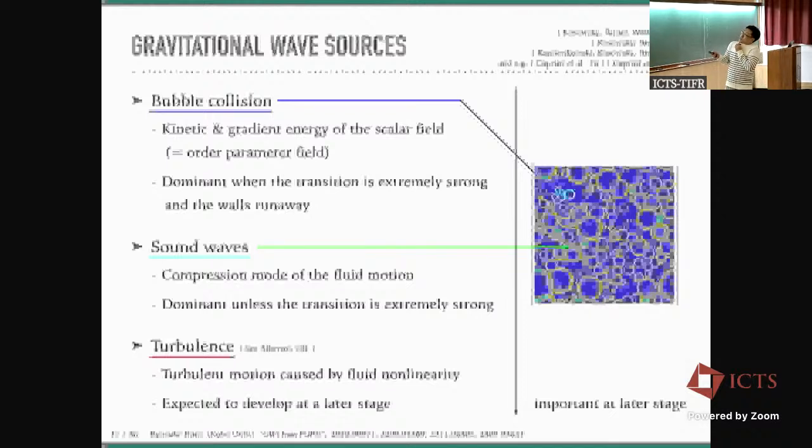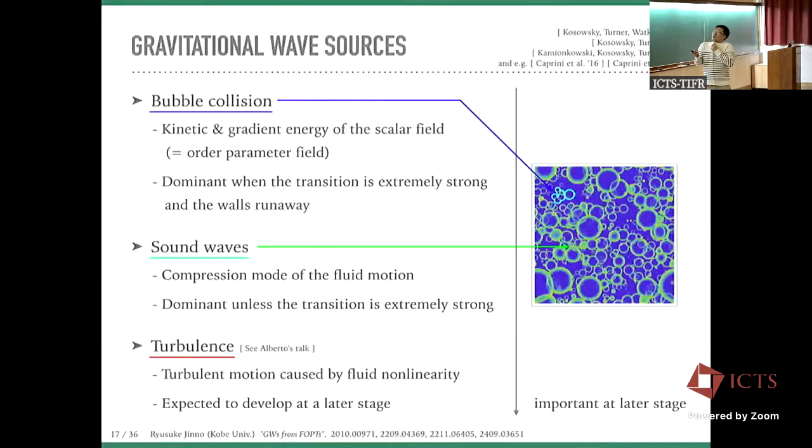Bubble collision is basically gravitational wave production from the kinetic and gradient energy of the scalar field, or the order parameter field itself. And it's dominant only when the transition is extremely, extremely strong. Typically, this kind of strong transition does not occur, but in some limited models, extremely strong transitions occur.